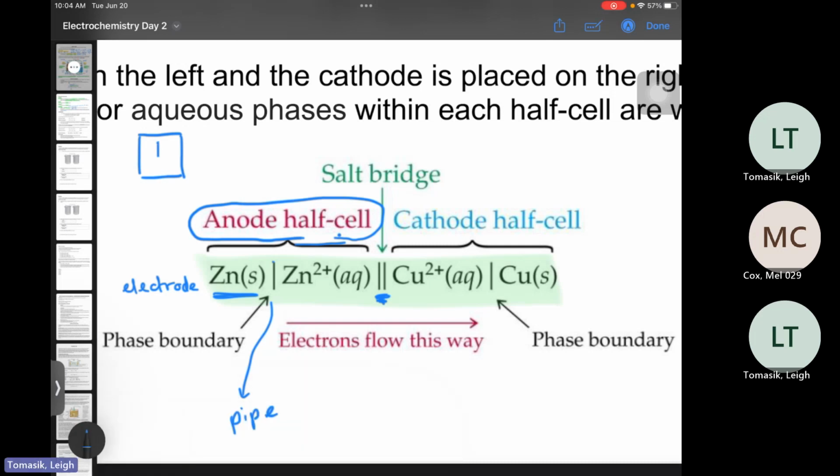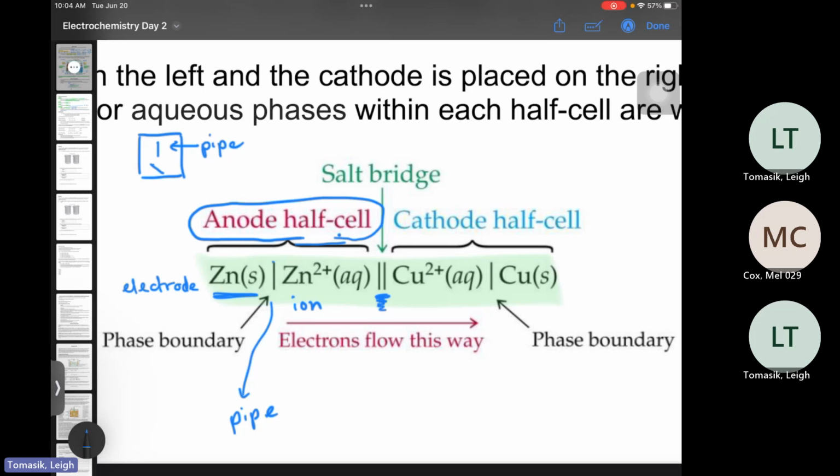It looks like that, so you can find the pipe. The pipe separates the electrode metal from the ion in the solution, and you can see the electrode will always be solid, and the ion will always be aqueous.